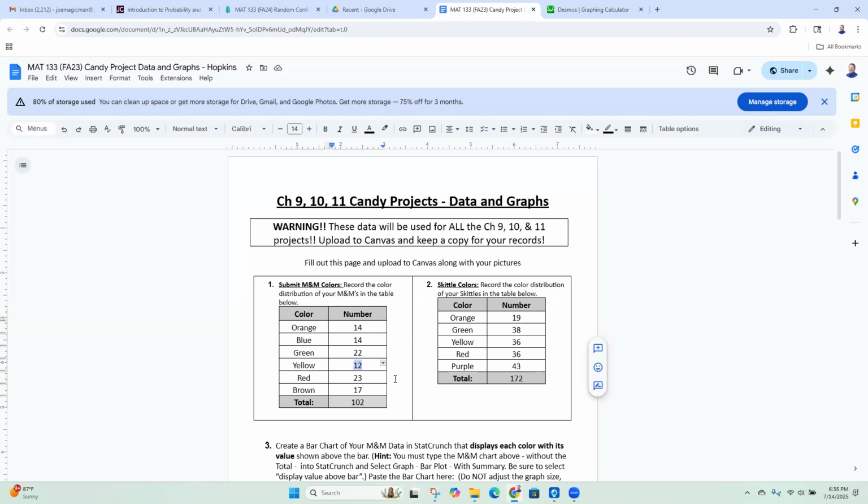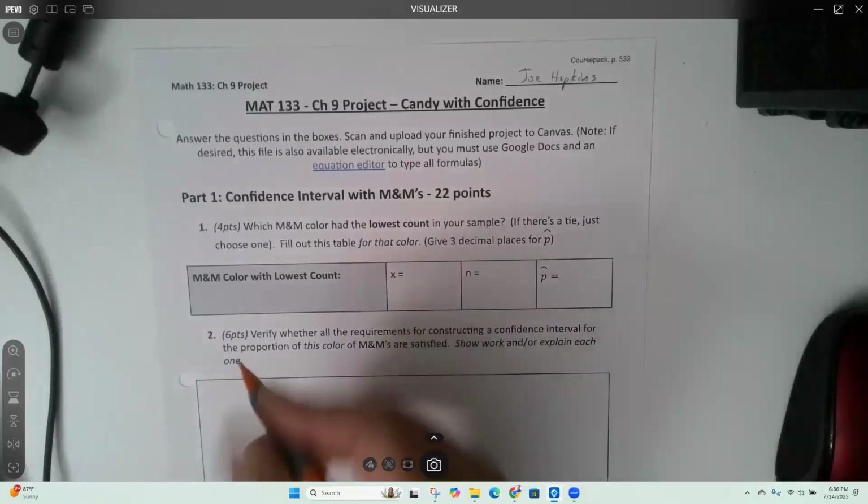Yours is probably going to be a different number, or actually it better be, because you had different bags, different counts. The bag of M&Ms that you collected represents your sample, out of the population, which is all M&Ms. Your sample size is your total right here. So mine had 12 for yellow, so I'm going to write yellow right here.